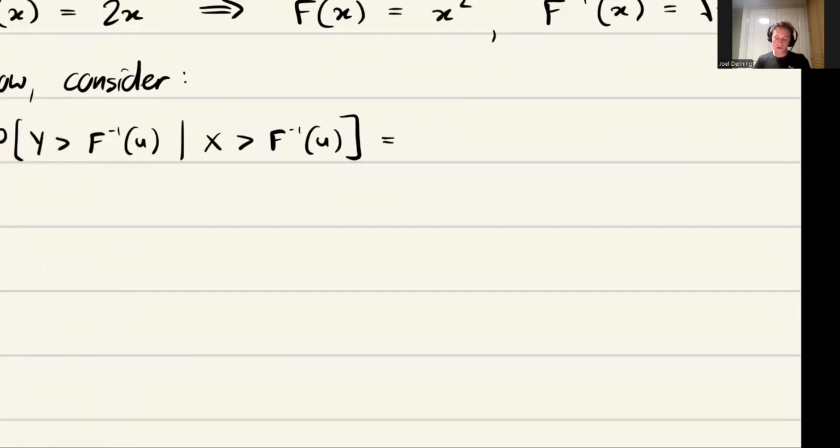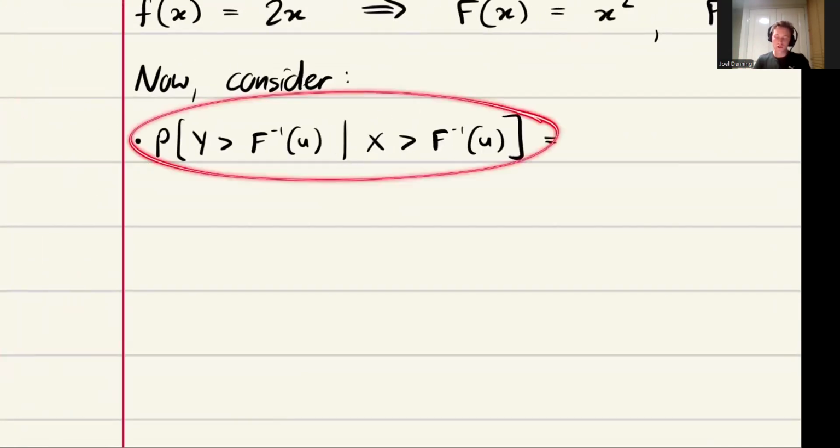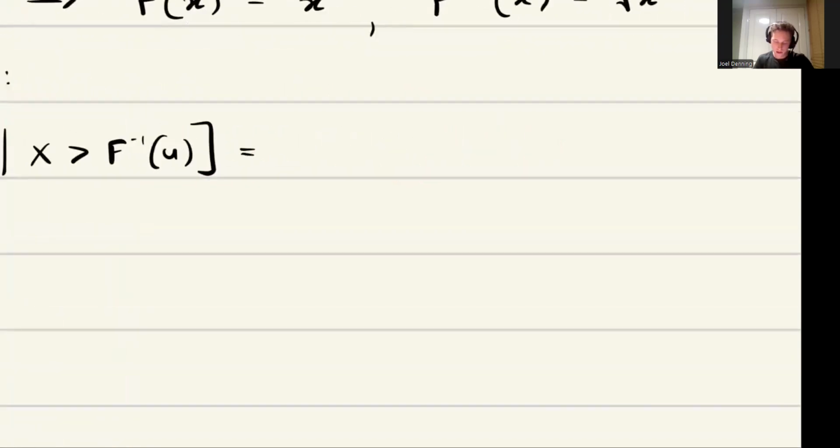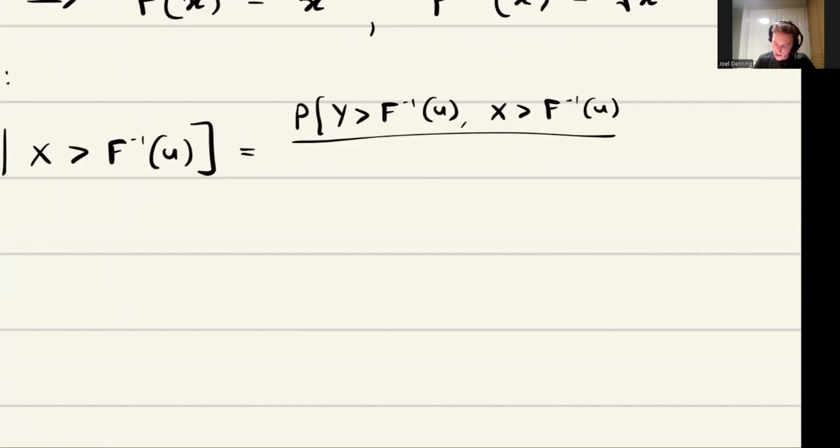Okay, the first thing we're going to do is use our definition of conditional probability to rewrite this as the probability of the intersection over the probability of the condition.